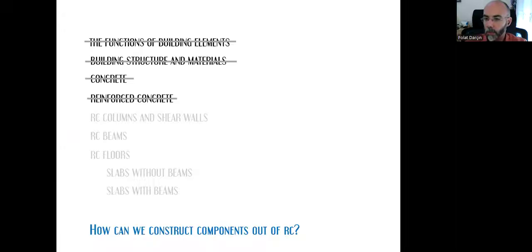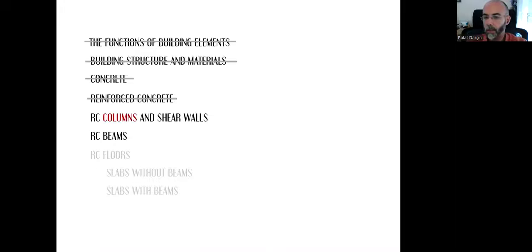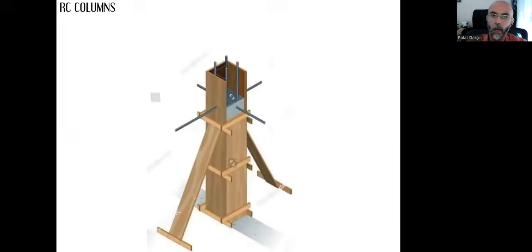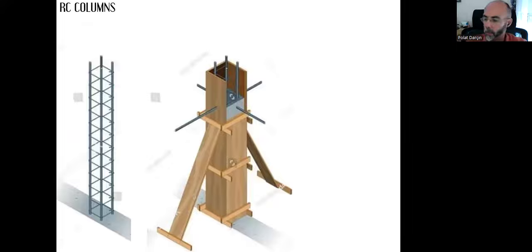How can we construct these components, these columns and beams, out of reinforced concrete? First, let's take a look at the columns. For that, we need molds in the shape of the column that we want. That can be a square shaped or a rectangular shape or a cylindrical shaped column. And we need reinforcement bars.